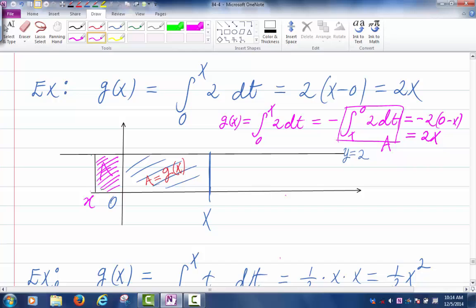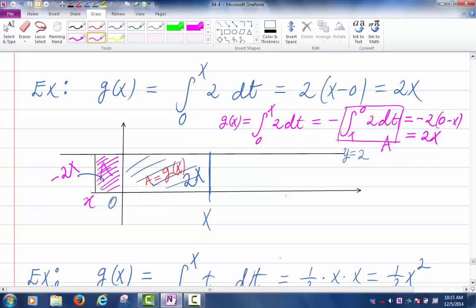Here, this area is 2 times x, right? However, here, what's the area? Here, it's the negative 2 times x, because area is always positive. If x is negative, 2x is negative.